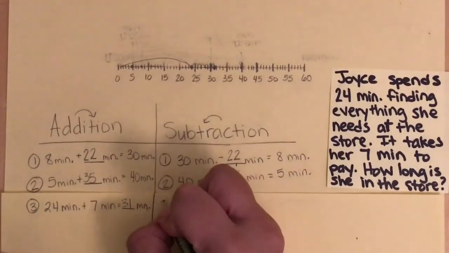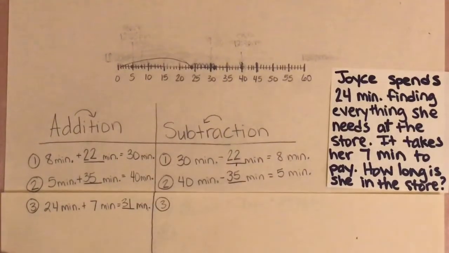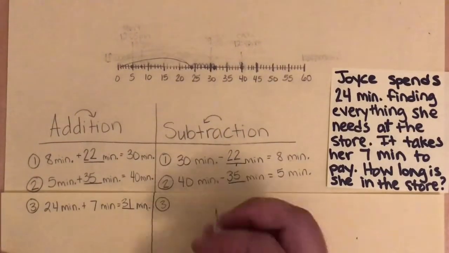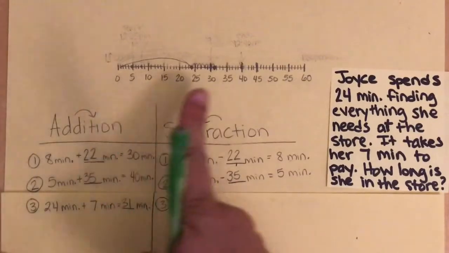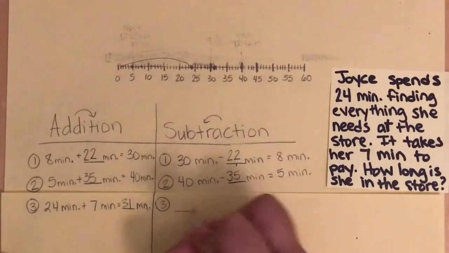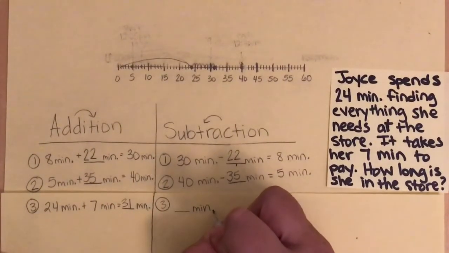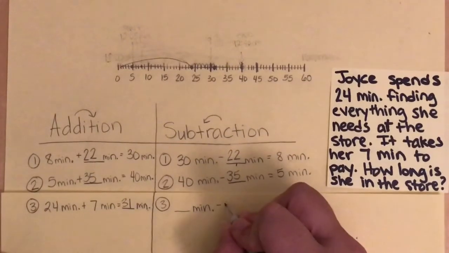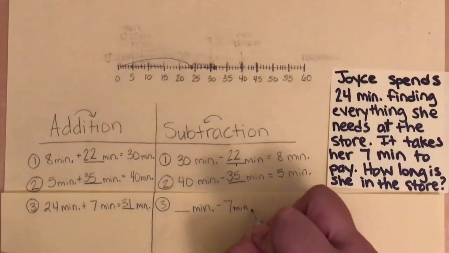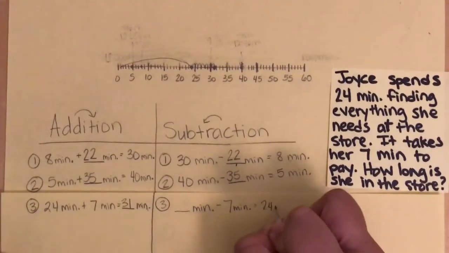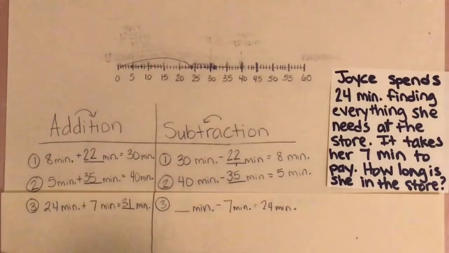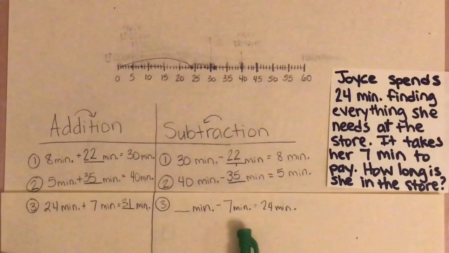Now, our learning goal today was to do addition and subtraction. It's hard to do subtraction with these problems. If I was going to write this as a subtraction problem, it would be mystery number of minutes minus 7 minutes would get us to our beginning 24 minutes. It's hard to do that, so I would actually use addition to help me solve my subtraction.